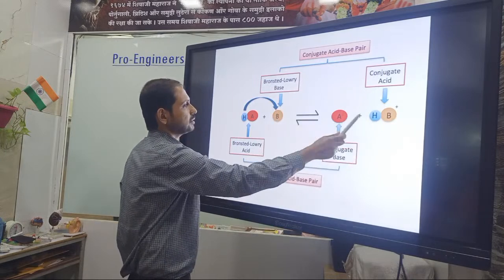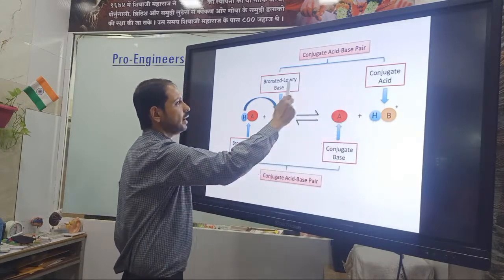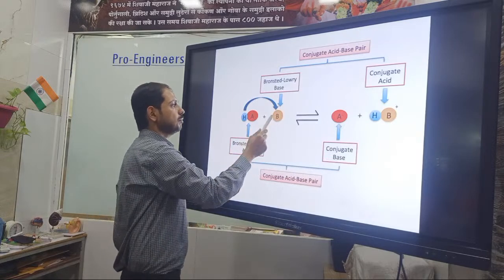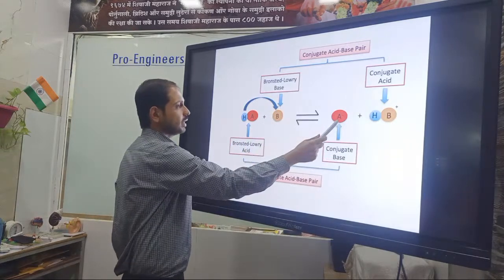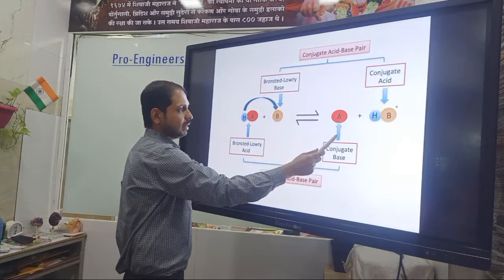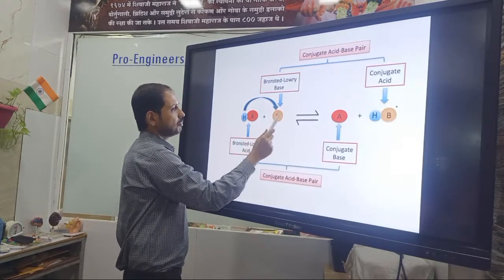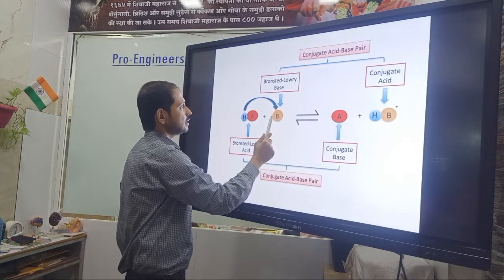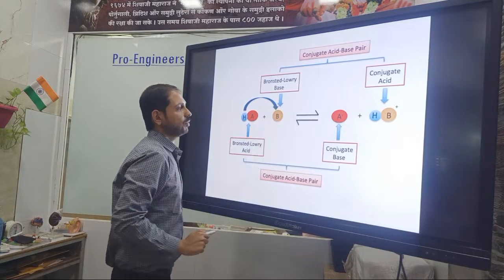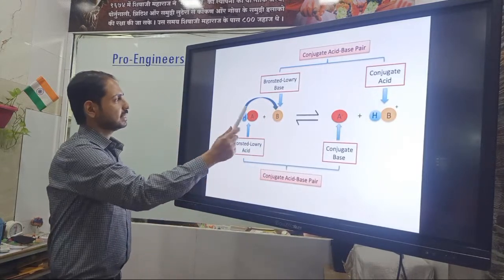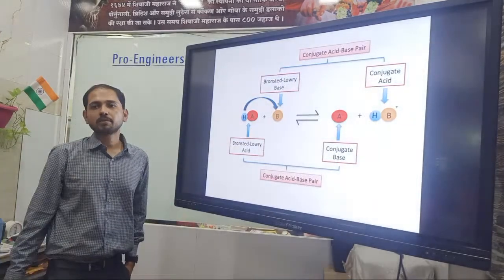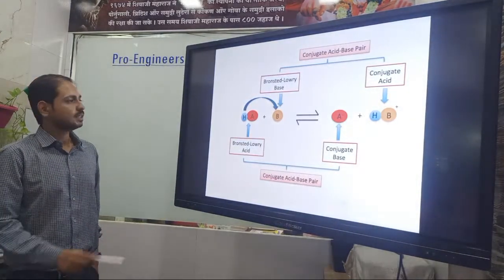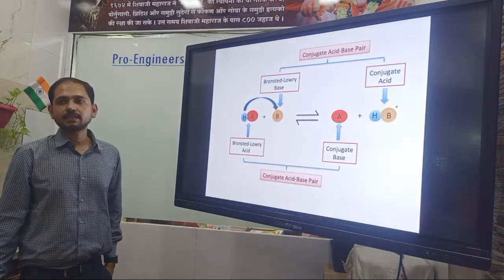So HB plus will be considered the conjugate acid of the Bronsted base B. A minus will be considered the conjugate base of the acid. Right? So this is called the conjugate acid base theory.